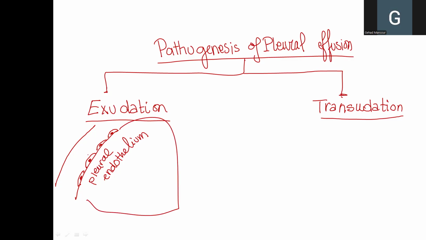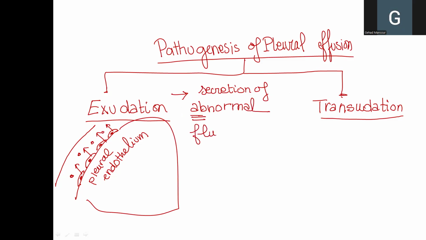So what happens is that the pleural endothelial cells will secrete fluid. The process of exudation involves secretion of abnormal fluid, not the normal fluid that is usually secreted by the pleural cells.